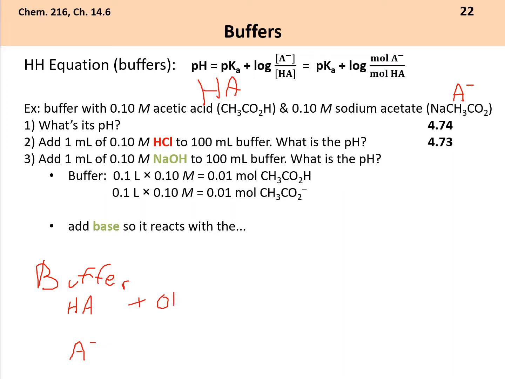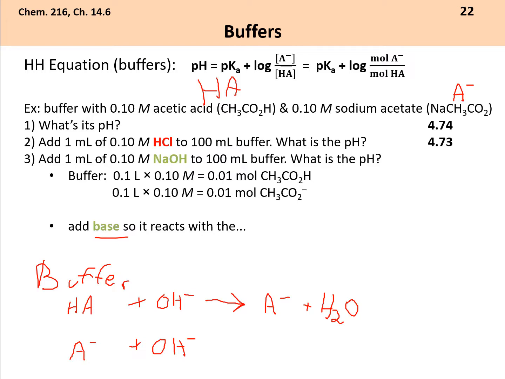Which one of these is the OH minus going to react with? Is it going to react with the HA, or is it going to react with the A minus? Well, it's a base, so it's going to react with the acid. It steals an H plus, which gives me A minus, and I'm left with H2O.